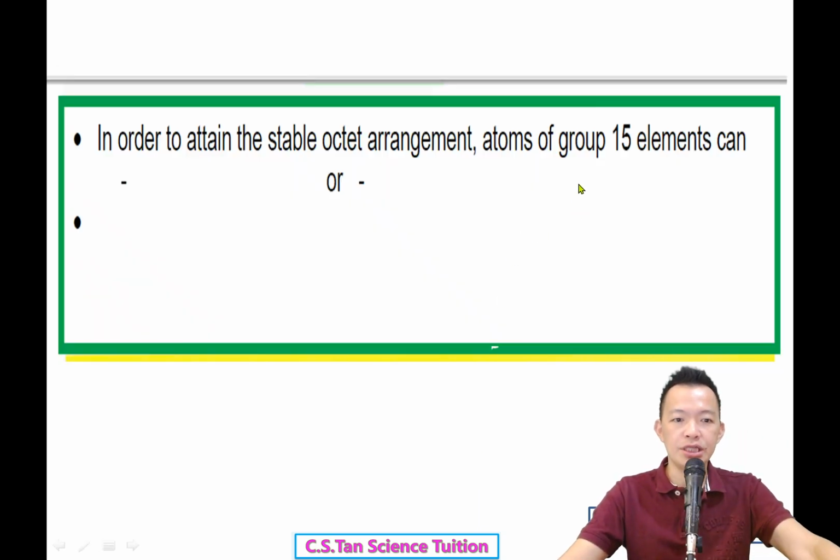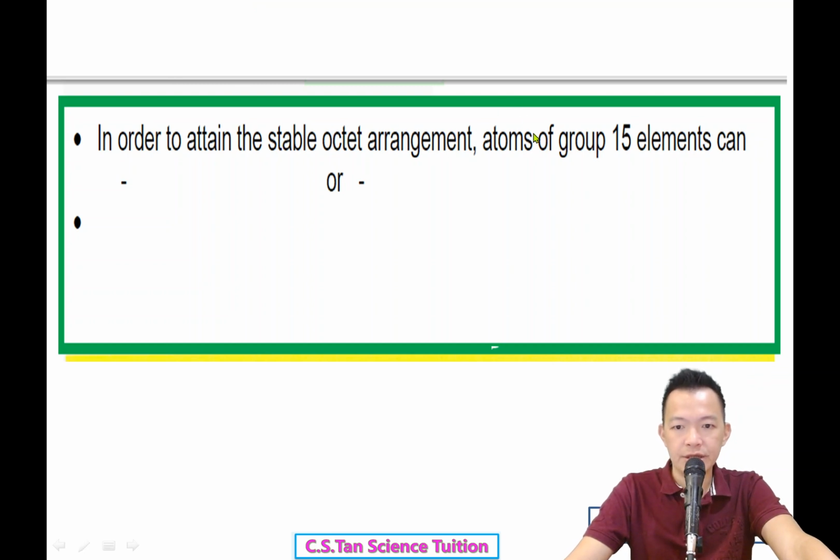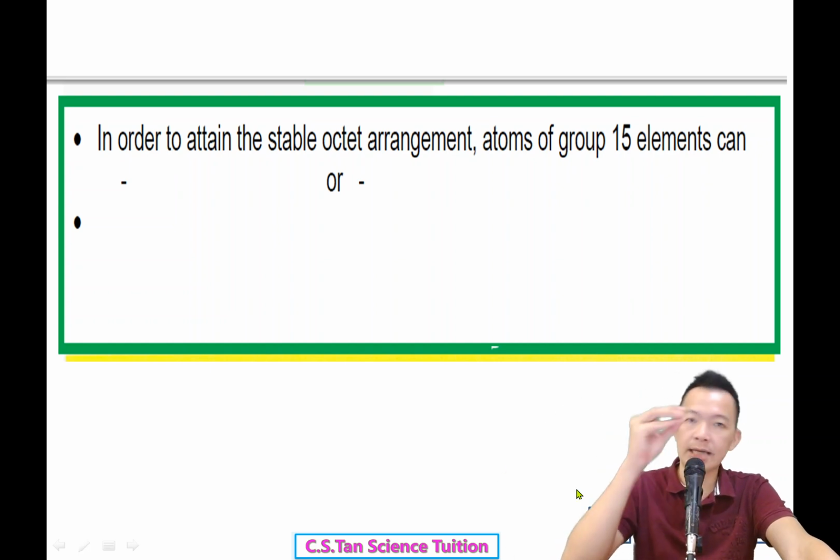But now there is one more point. In order to attain the stable octet electron arrangement, what can atoms of group 15 elements do? Group 15 elements have 5 valence electrons.